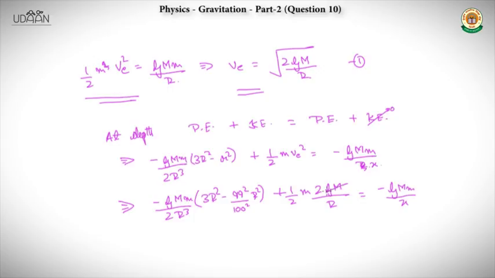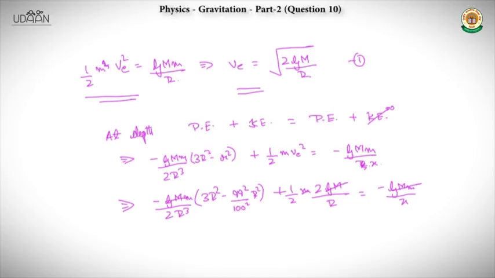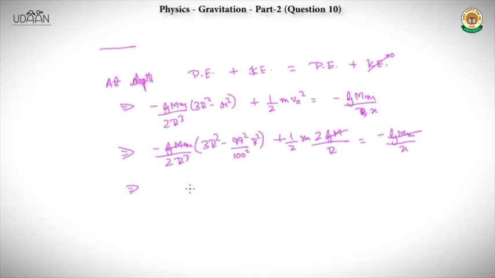Right. So now I'll cancel off the constant terms. GMm R would come over here. I'll simplify a little bit and I'll write it down for you. This would come out to be minus... half minus 99... No, it won't be like this.